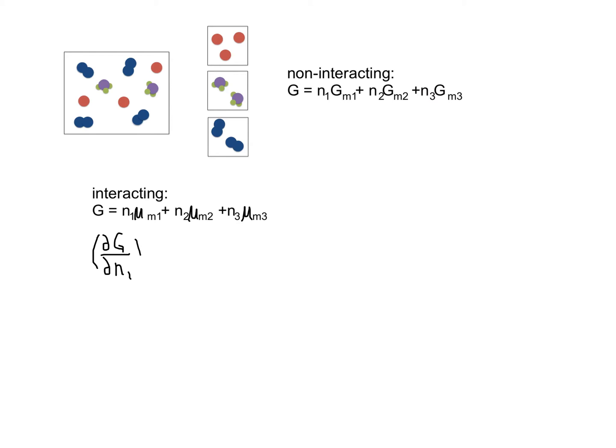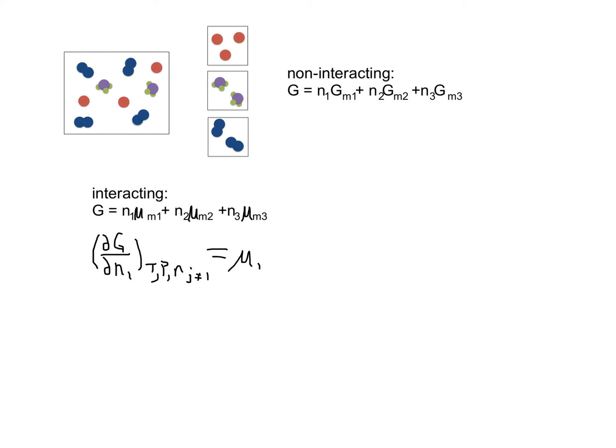I'll keep the temperature, the pressure, and the number of moles of all the other components, not equal to the component I'm interested in, constant. Therefore, I'm looking at the amount of Gibbs free energy that's due to just one of those components. This is the formal definition of the chemical potential of a given component.